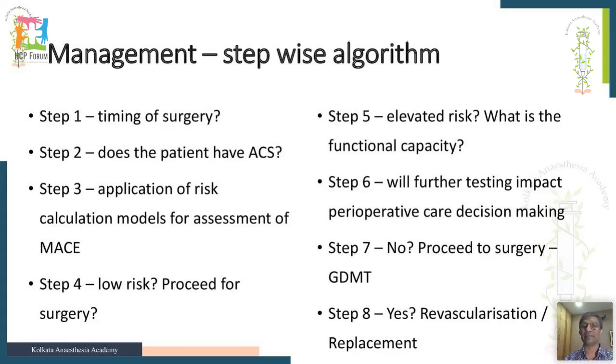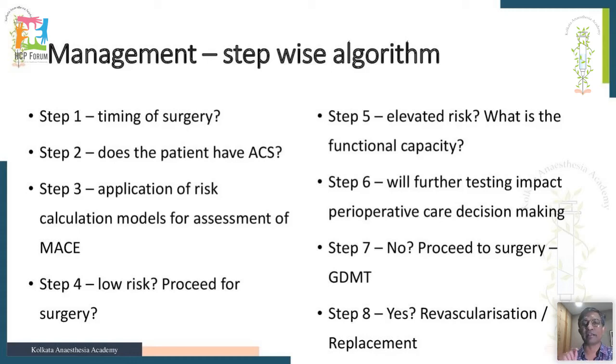If it is elevated risk, make this estimation of the functional capacity, previously METs, today possibly DASI. Then think of, shall I do further testing? And if I do further testing, how much is it going to influence my perioperative care?